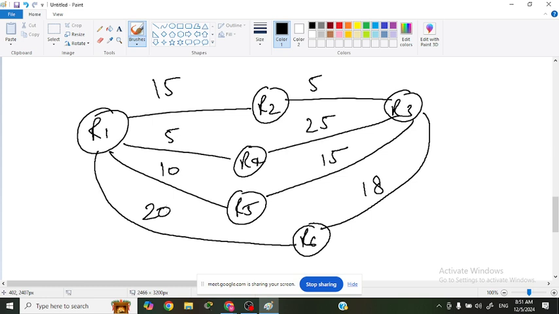Yes, sir, from R5. Subhajit, which one will be the feasible successor? The last one, I think, R6. Why the R6 path?